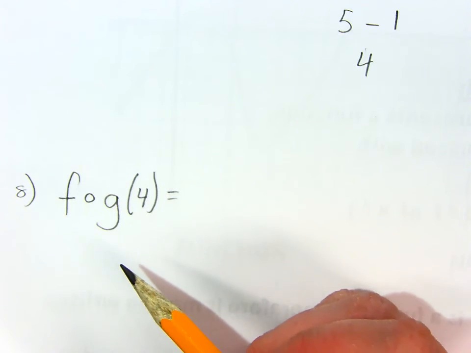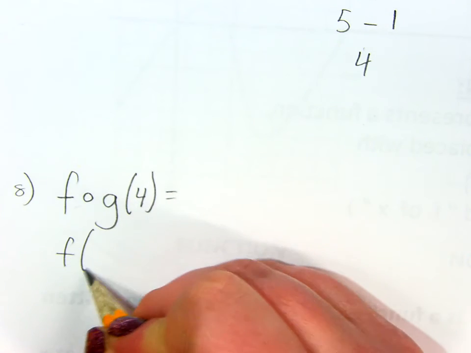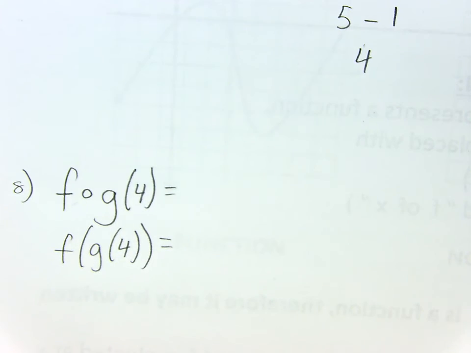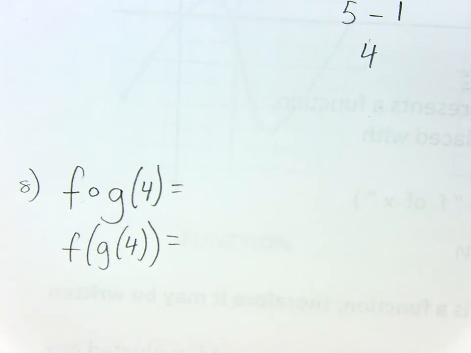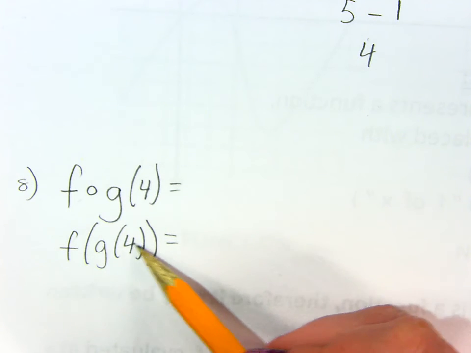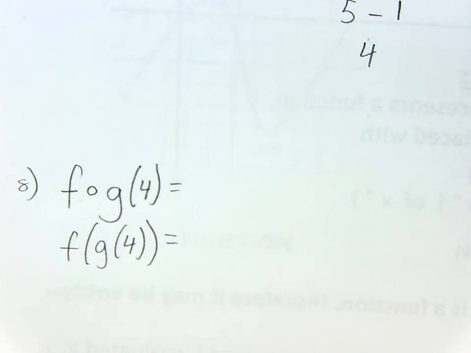Another way to write this is like this. Those two notations are the same, okay? And they're interchangeable. You could use one or the other. I prefer this, but you'll see it either way. Basically, if it's in this notation, it's a little easier to explain: you want to work from the inside out.